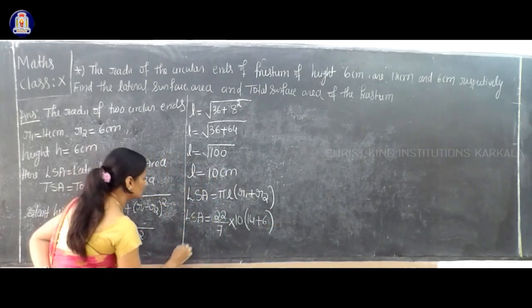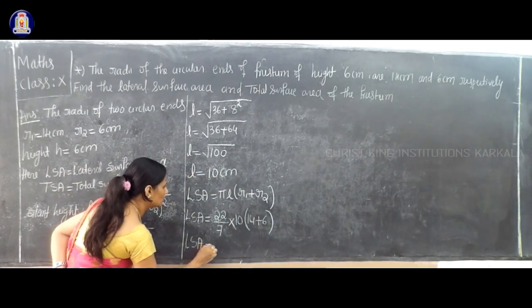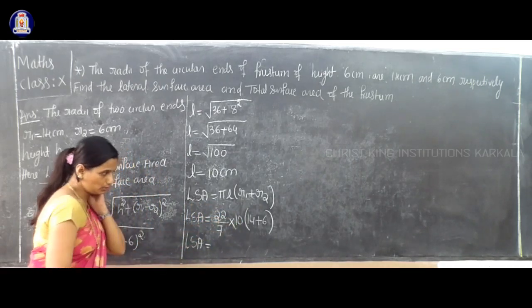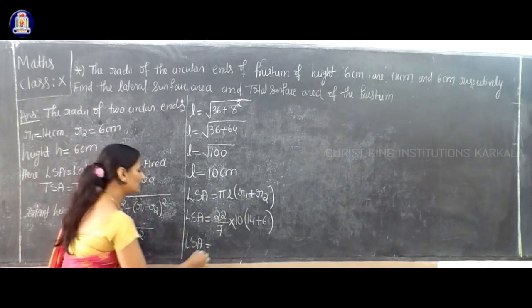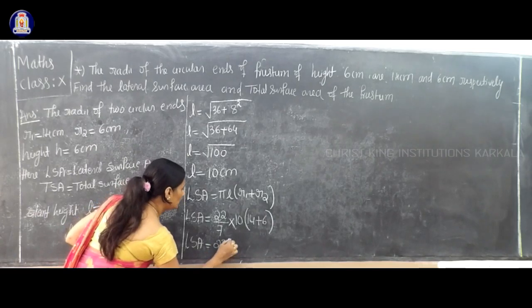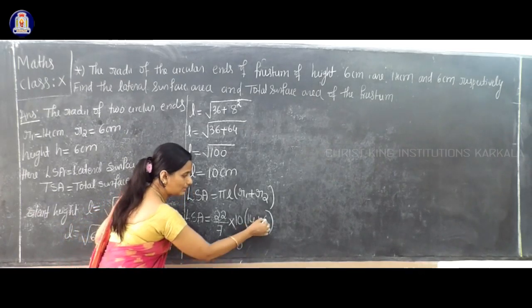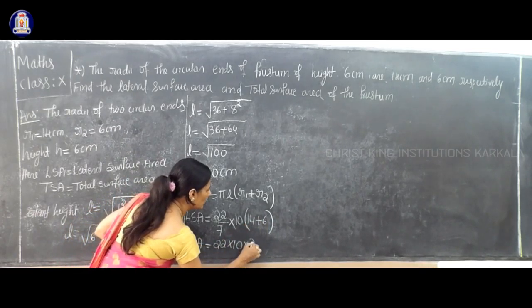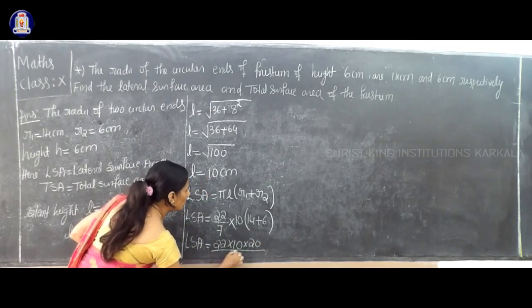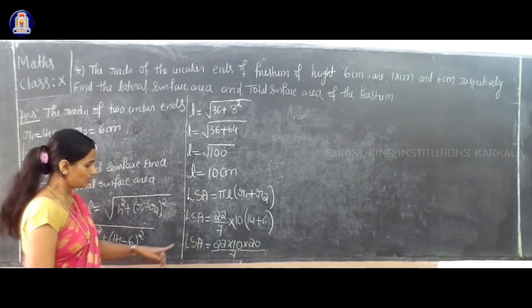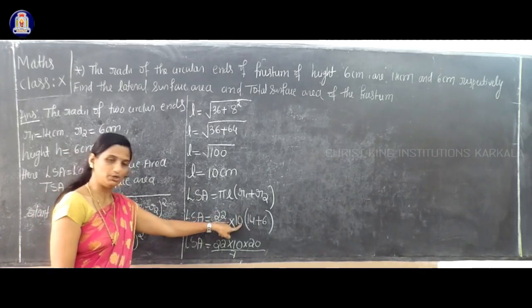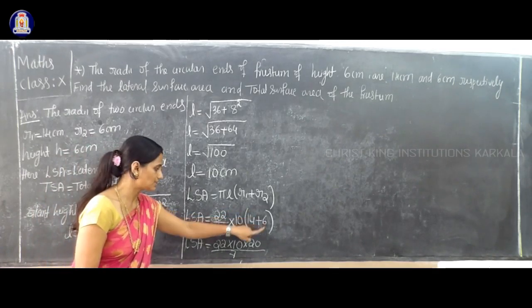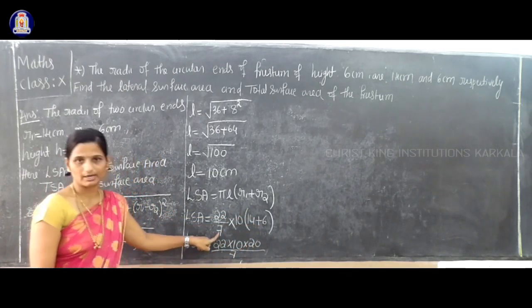Now simplification. LSA is equal to 22 into 10, and 14 plus 6 is 20, whole divided by 7. Clear?